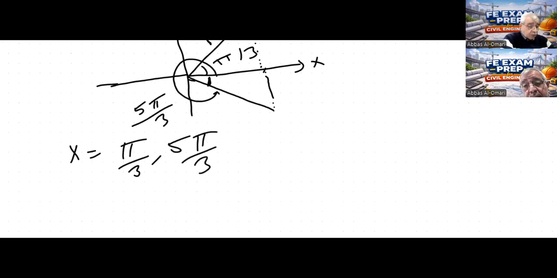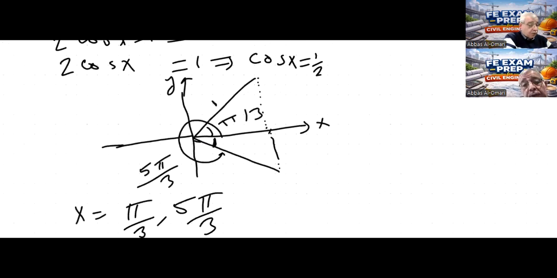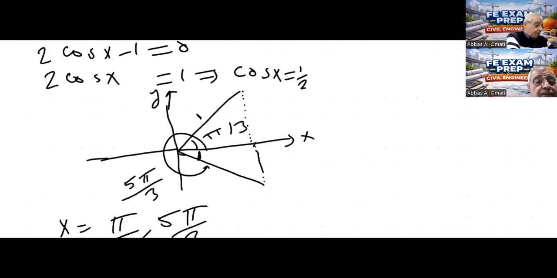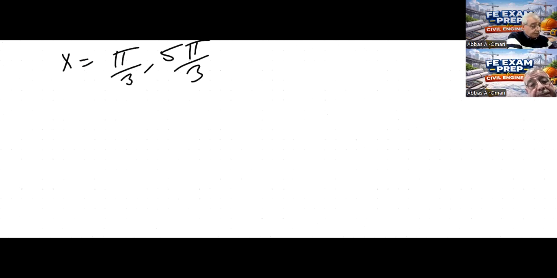Now the second term, we still have the second term, which is cosine x minus 1 equal to 0. So cosine x minus 1 equals 0, which means that cosine x equals 1. What is the angle, the cosine of which is 1?